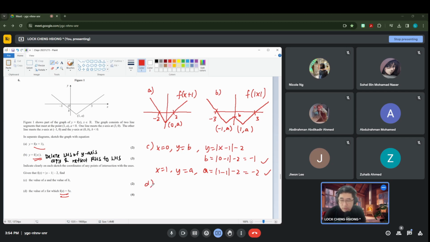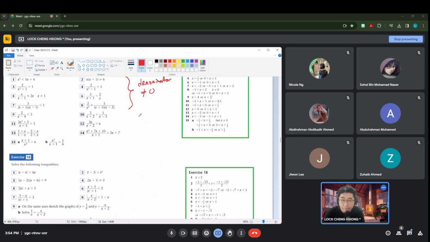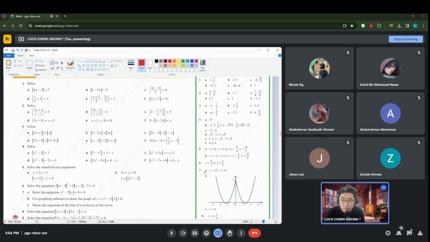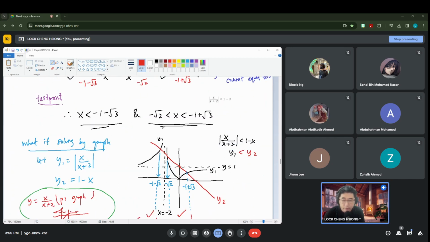Then the d, f(x) equals 5x. So I have modulus of x minus 1, minus 2 equals 5x. What exactly is this question? This question is exactly whatever you have been doing up there. This is your question.